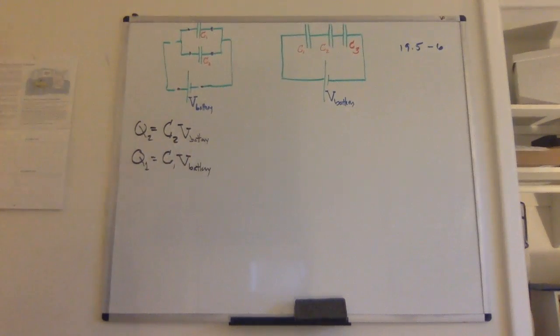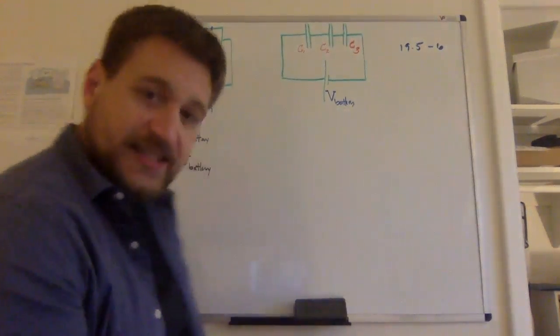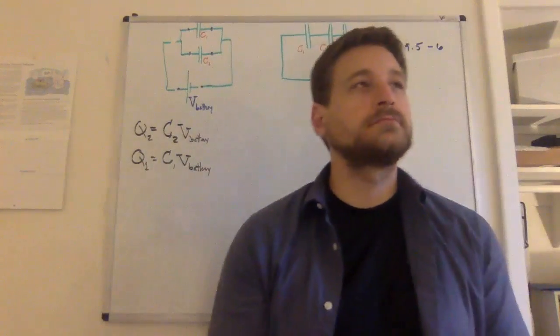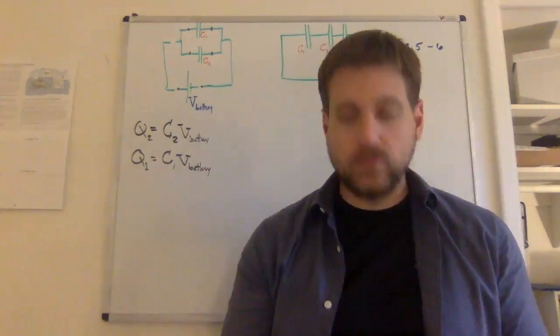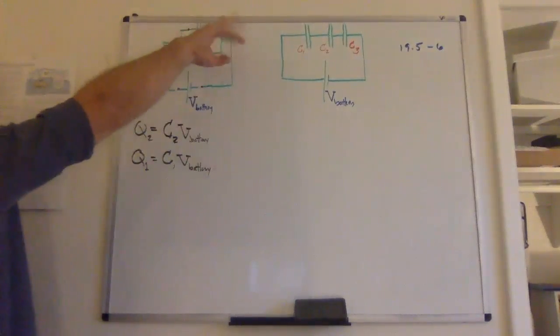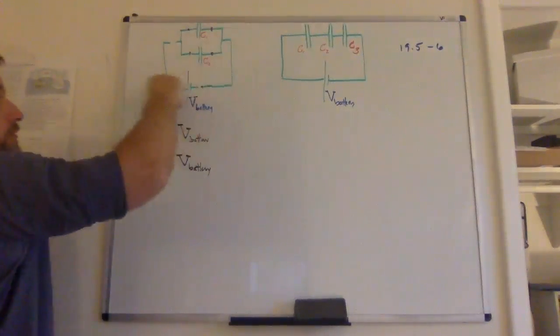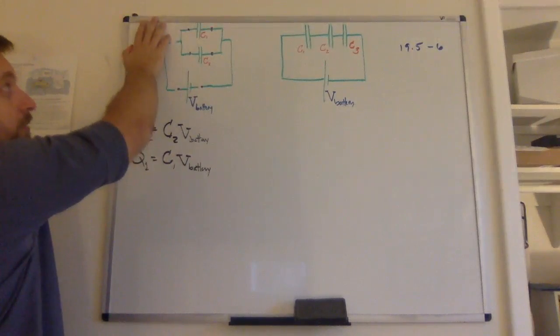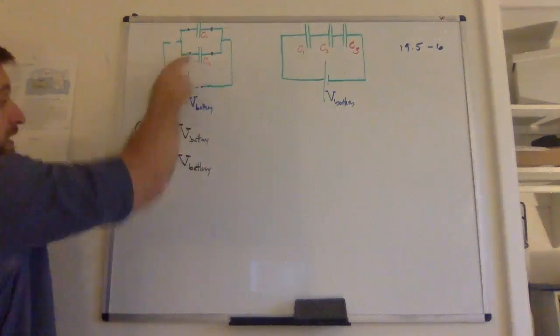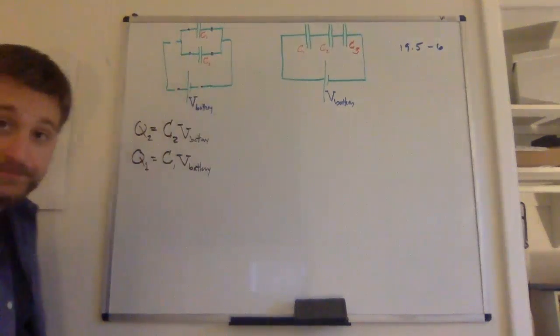All right. So what is the effective capacitance? Well, let's think about this. We had to move charge from this side through the battery to this side. We had to move enough charge that we could put this much on one plate and this much on the other plate.